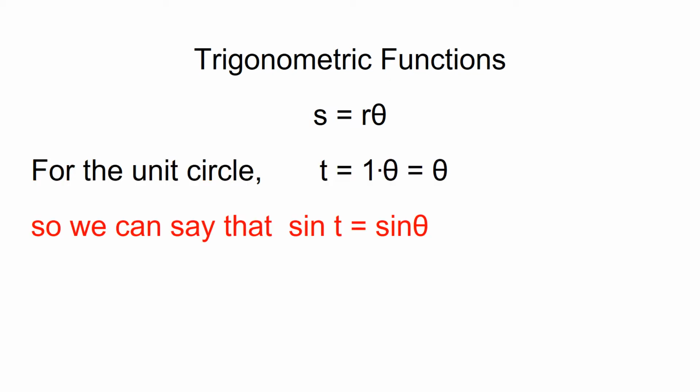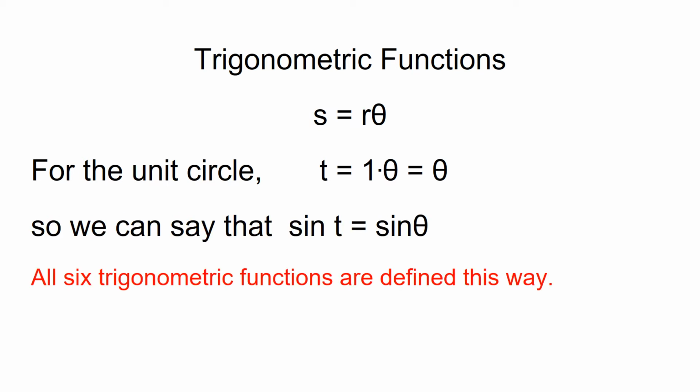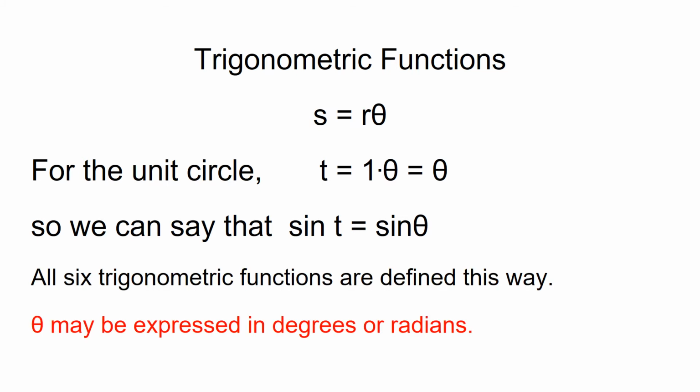This means that t and theta are equivalent, and that we can say that any given trig function that is a function of t is equal to the same trig function of theta. The angle theta may be expressed in degrees or radians, and we will use both interchangeably.